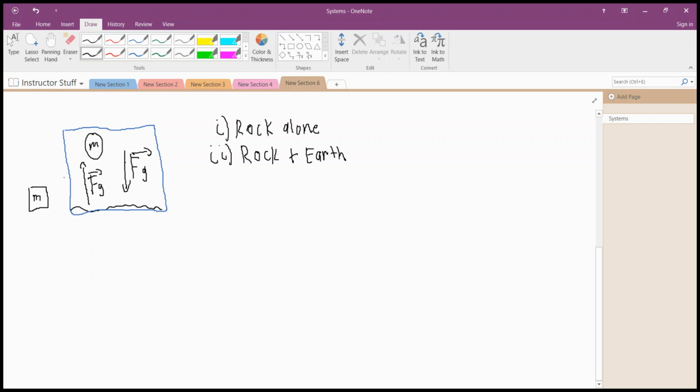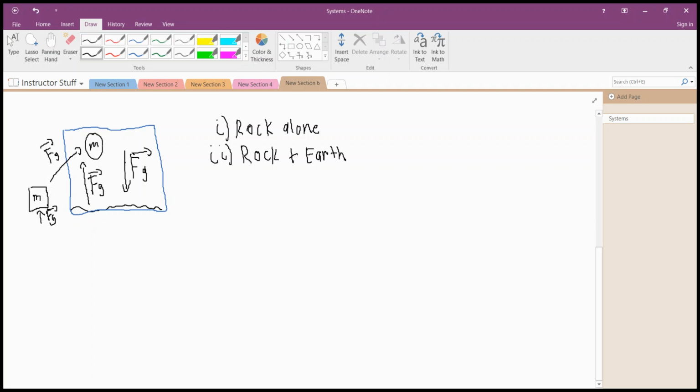The gravitational force that this mass exerts on the rock is an external force, and likewise the gravitational force that the mass exerts on the Earth is an external force. Note, this is because the Earth is inside our system, and this block over here is not. So our block exerts a gravitational force on the Earth that is an external force. Note that objects inside the system can exert forces on objects outside the system.